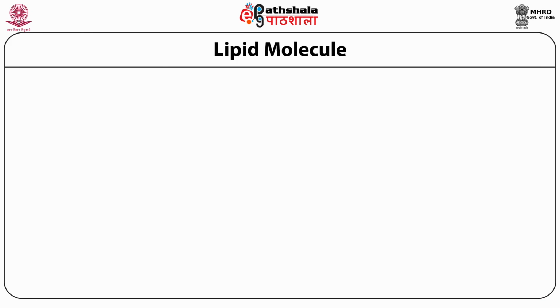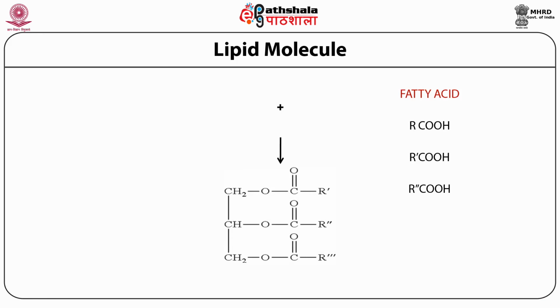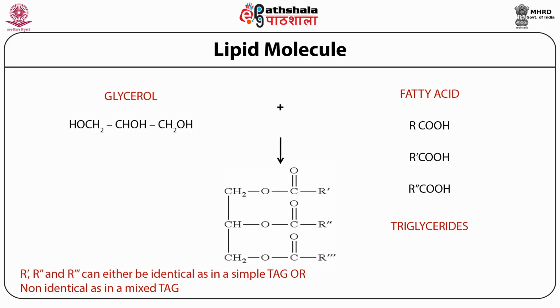This shows how fatty acid is linked to glycerol through an ester linkage in order to give rise to a triglyceride molecule. And like I've already mentioned, if the 3 fatty acids are identical, it's a simple TAG. If the 3 fatty acids attached to the glycerol backbone are non-identical, it's a mixed TAG.